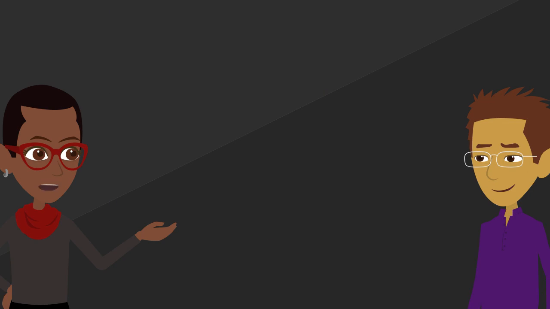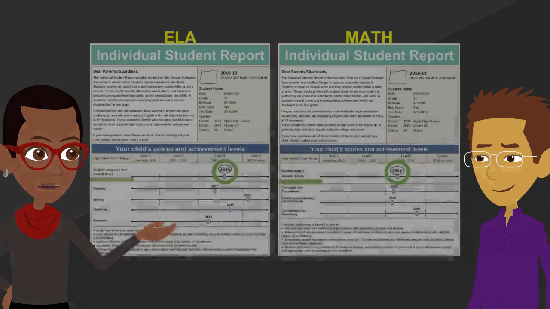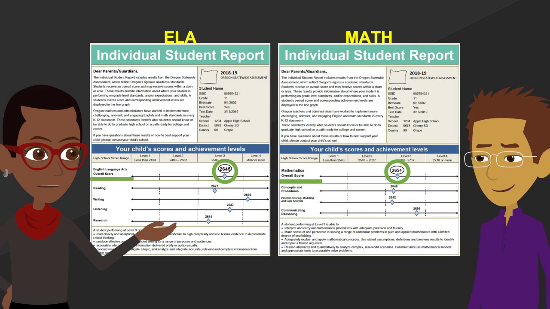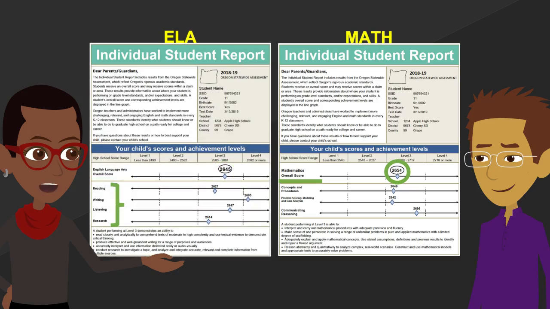Let's talk about English language arts and math because those statewide assessments are given each year. Here, you see that the report provides information about your daughter's achievement, with both an overall score for English language arts and mathematics, and then some different subscores. There are 4 subscores in English language arts: reading, writing, listening, and research.